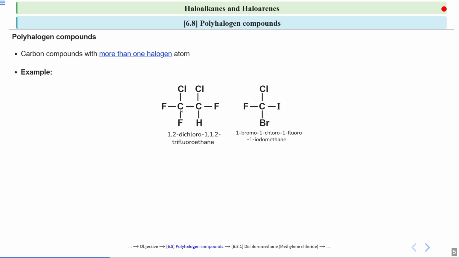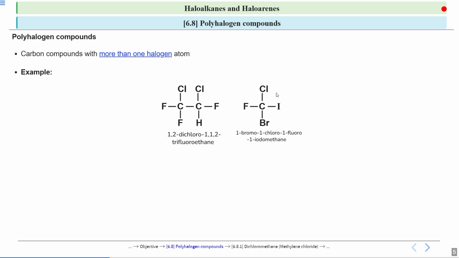At the first position we have two fluorines, so we write 1,1, and at the second position we have one fluorine, so 1,1,2-trifluoro. Three fluorines are there, two at the first position, indicated by the numbering 1,1, and then 2 denotes the position of the third fluorine, which is present at the second carbon. Total three fluorines are there, so trifluoroethane. So the name is 1,2-dichloro-1,1,2-trifluoroethane.